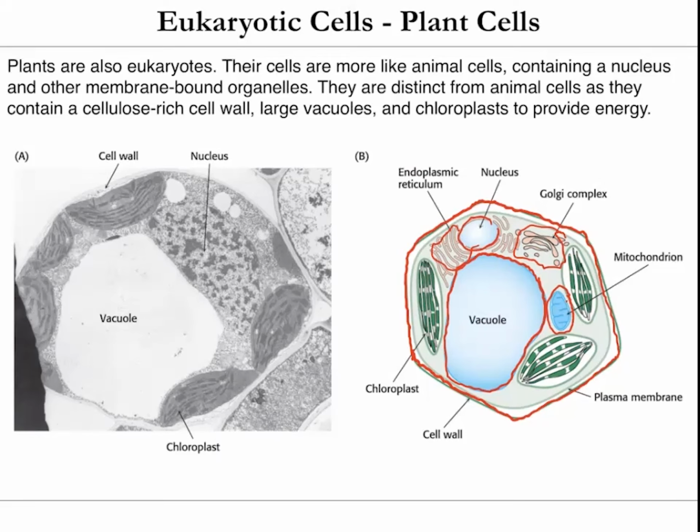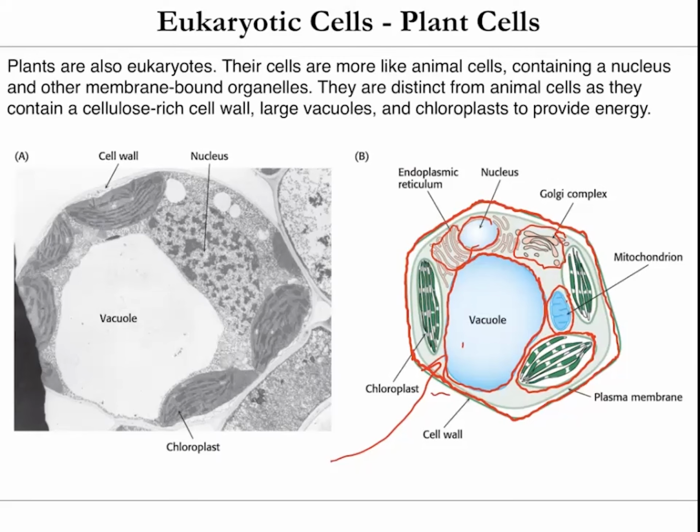The other thing that plant cells have that's very important is these membrane-bound organelles called chloroplasts. Chloroplasts are the site of photosynthesis. They're similar to mitochondria, although they are different. Mitochondria are believed to come from a prokaryotic bacterium, while chloroplasts are believed to come from a prokaryotic cyanobacterium, or photosynthetic prokaryote, that was taken up into plant cells and then lived within them.